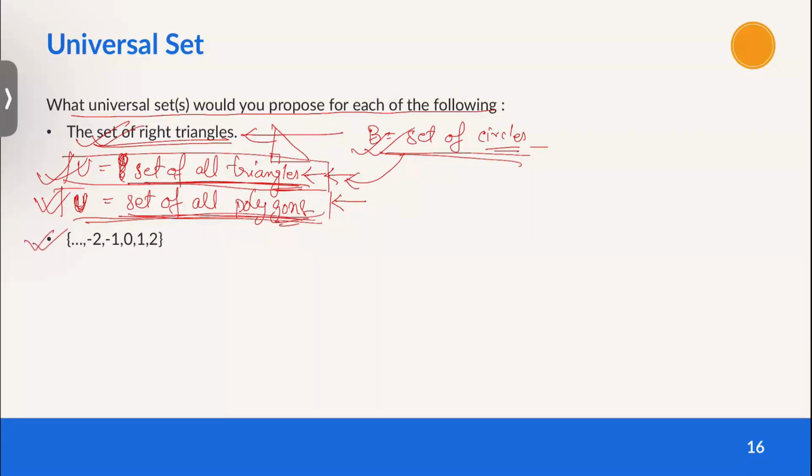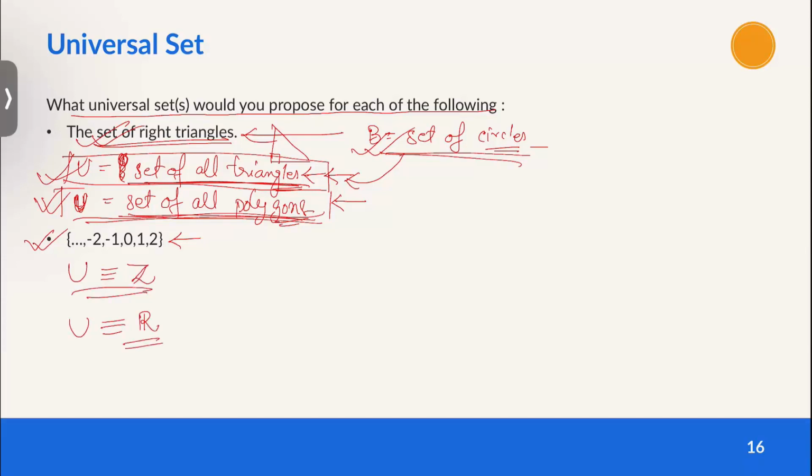The second problem we have is the set: dot dot dot, minus 2, minus 1, 0, 1 and 2. You see, it seems that these are the elements of the set of integers. So you can have the universal set as the set of all integers, right? Or you can also think of it as the set of all real numbers.